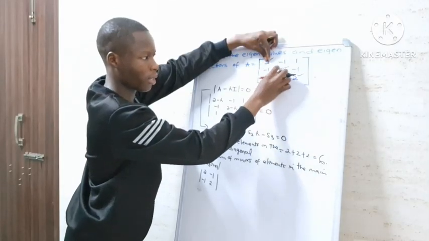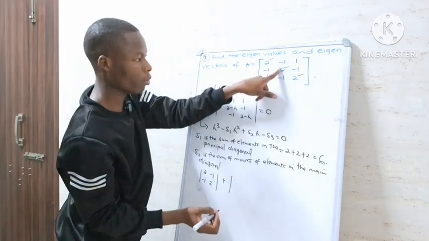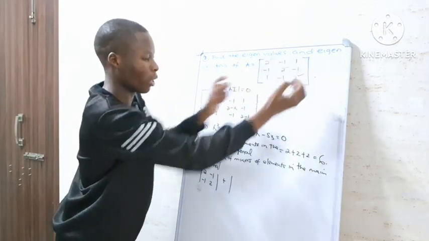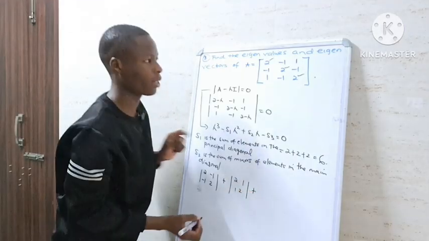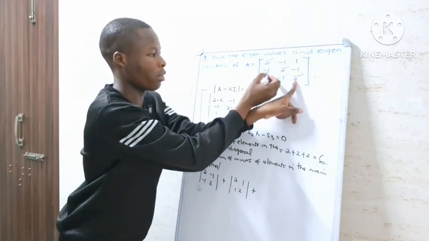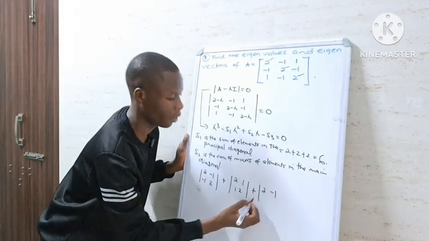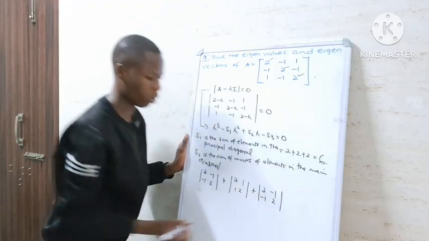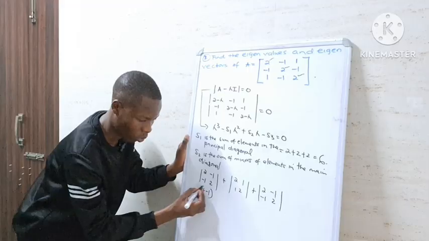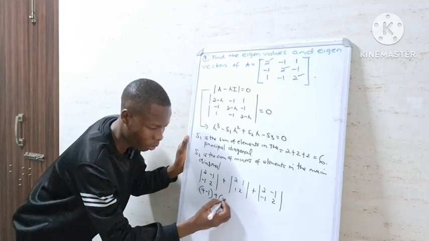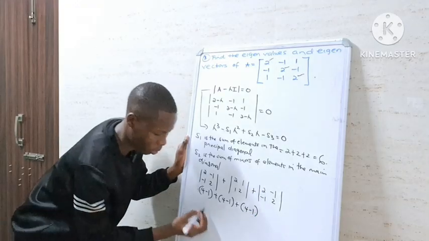You take this element, plus now 2, 1, 1, 2, plus 2, negative 1, negative 1, 2. That is 4 subtracting 1 plus 4 subtracting 1 plus 4 subtracting 1.